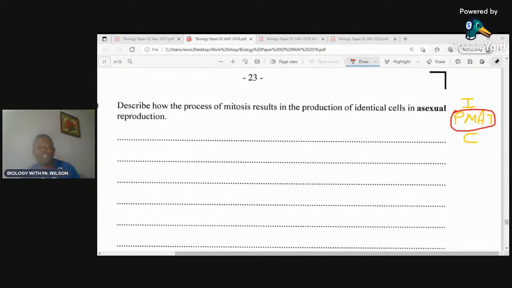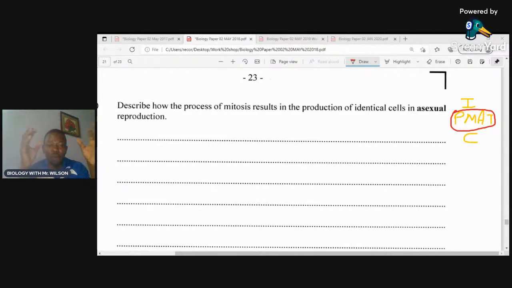It starts with metaphase. With metaphase, you are going to find the chromosomes lining up down the center of the cell, one would say on the spindle fiber. So once you see the line up along the center, you know that that is metaphase, right?